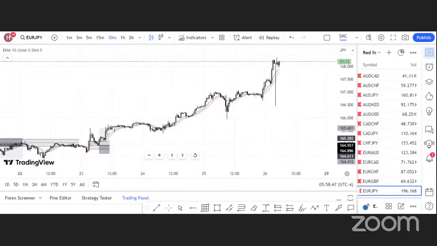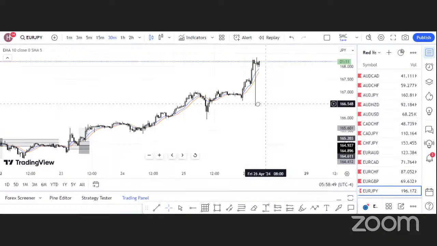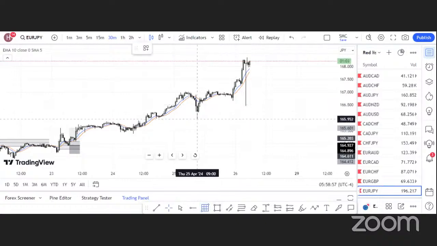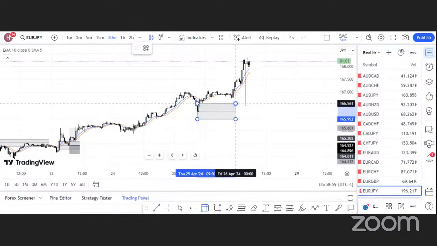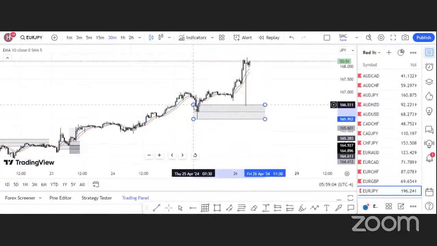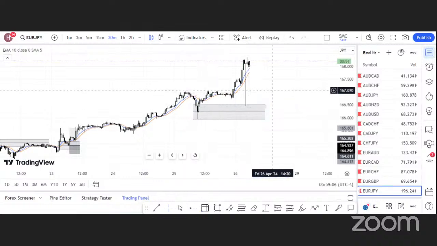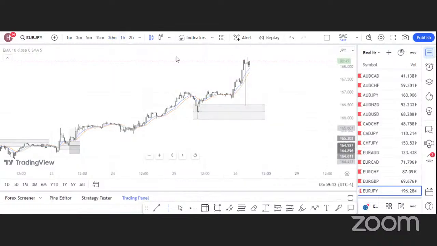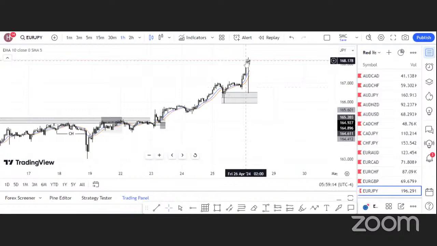So the market came down to this level here. You see, it came to the order block, tapped the order block, and then it created this long wick candle, right?